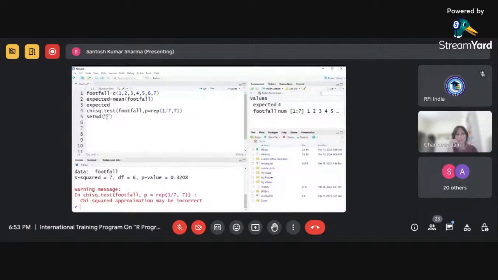Go to desktop, sir. Your file is on the desktop or in downloads? On desktop. So go to your desktop. Right click on the file.